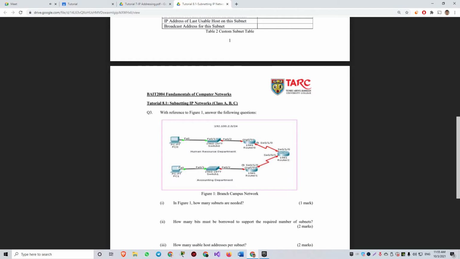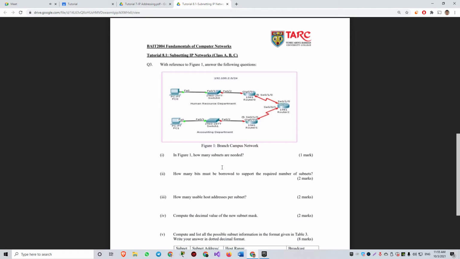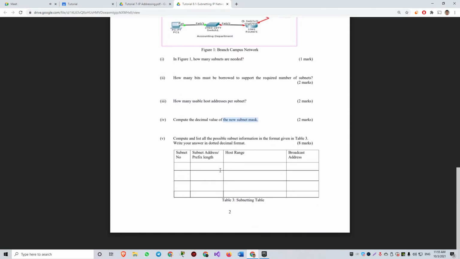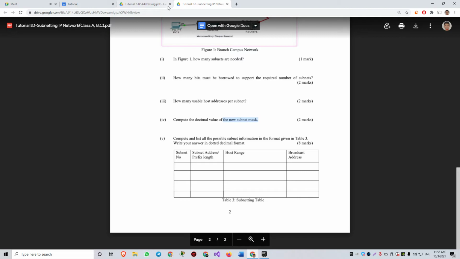Determine how many subnets from that network diagram, how many bits borrowed to provide that required number of subnets, how many usable host addresses per subnet are required, and then compute the new subnet mask, and finally list off the subnets within that table. All right, that's 8.1.